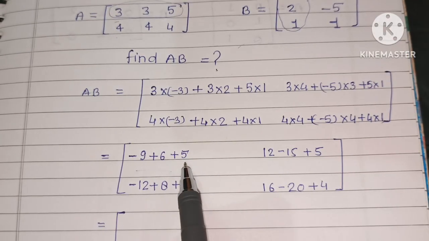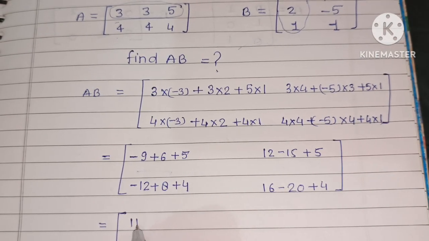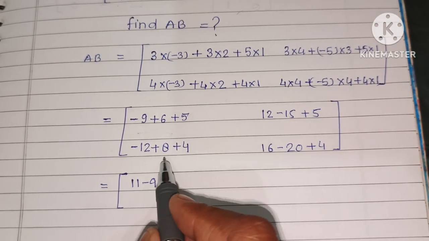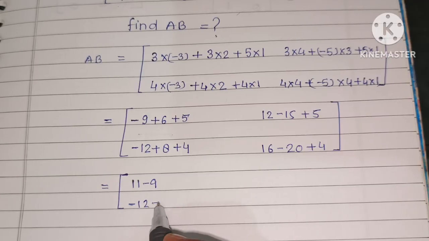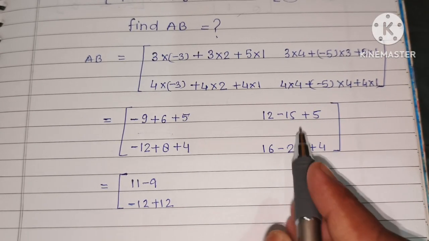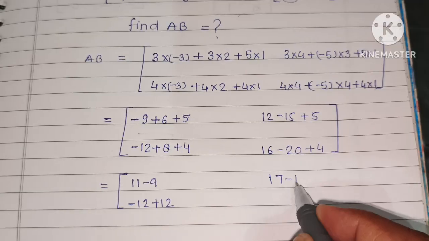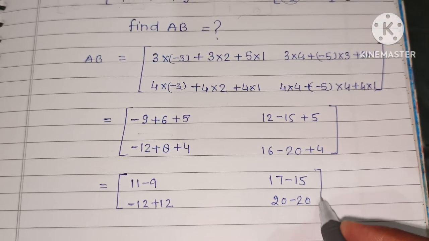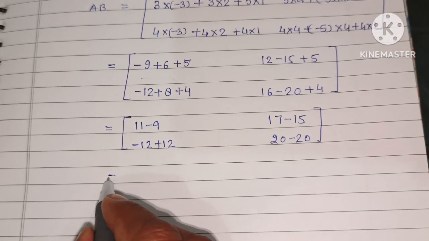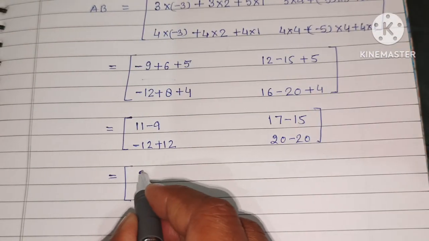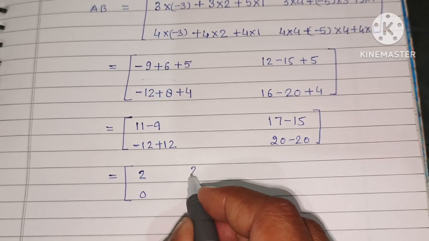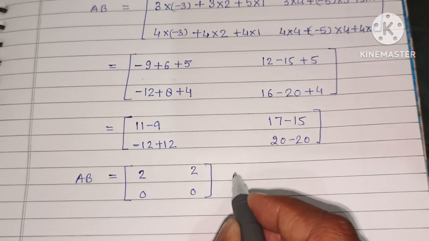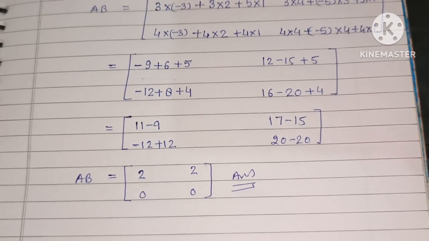Here 11 minus 9, minus 12 plus 12, here 17 minus 15, here 20 minus 20. So the outcome will be 2 0 2 0. This is AB. Answer, note down.